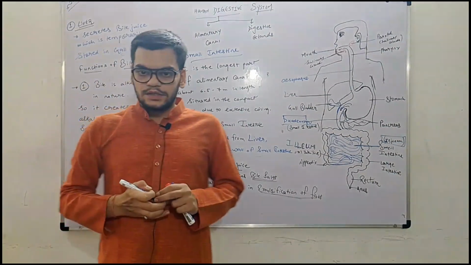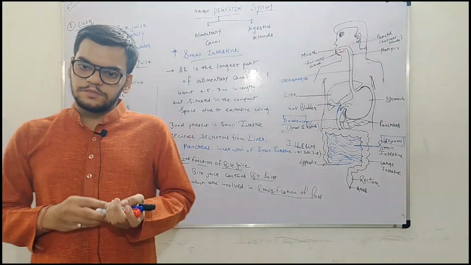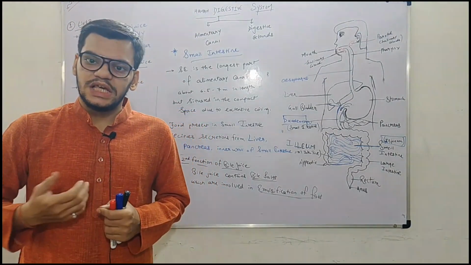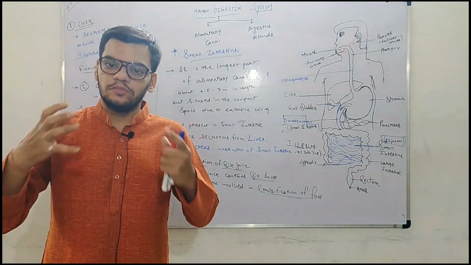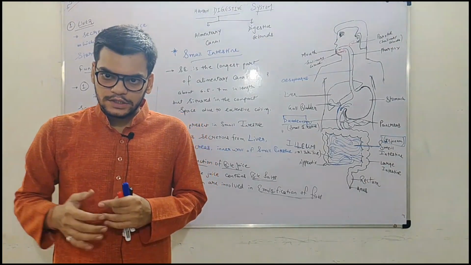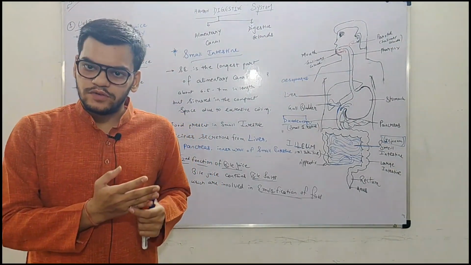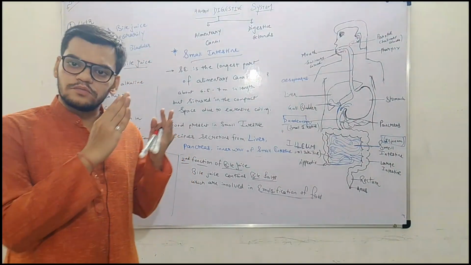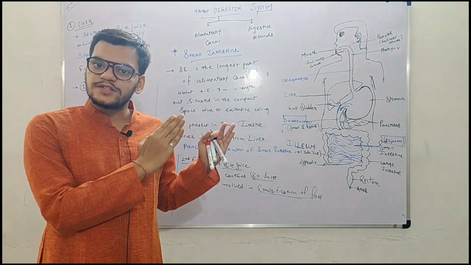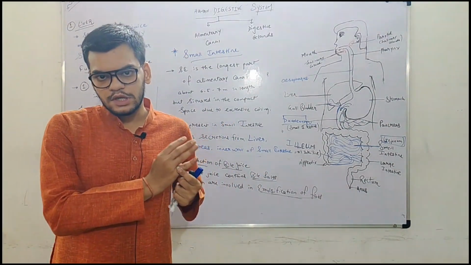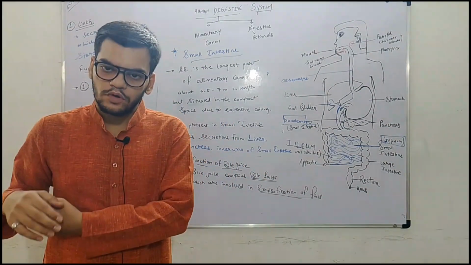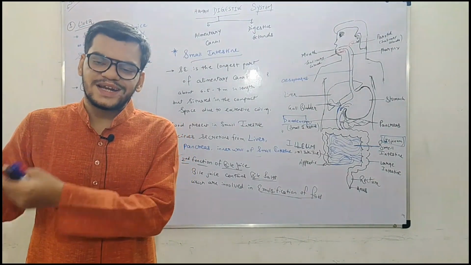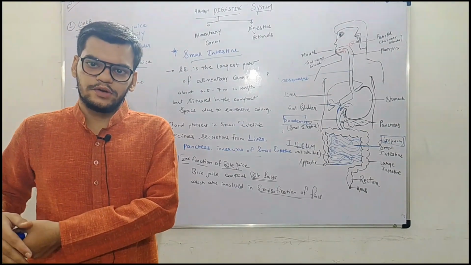Now, what is emulsification of fats? Emulsification of fats means when we consume fat containing food like cheese, butter, ghee, it contains large fat globules, large fat molecules, which is difficult to digest by pancreatic enzymes. So before digestion, these large fat globules should be converted into smaller molecules, so that pancreatic enzymes or fat digesting enzymes like lipase can work efficiently on it.